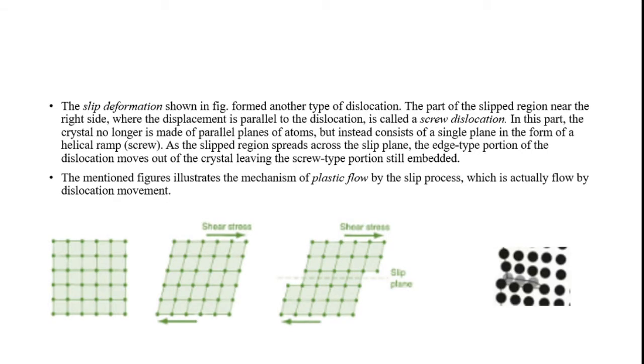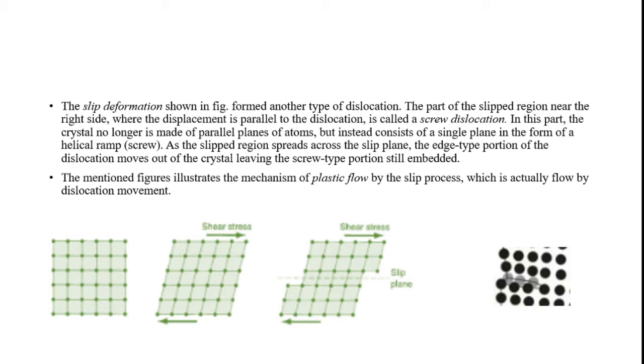And then the slip deformation. Not only line deformation, the next one is slip deformation. The slip deformation, as shown in the figure below, is another form of dislocation. In this line defect, the part of the slipped region near the right side where the displacement is parallel to the dislocation is called the screw dislocation. In this part, the crystal is no longer made of parallel planes of atoms.